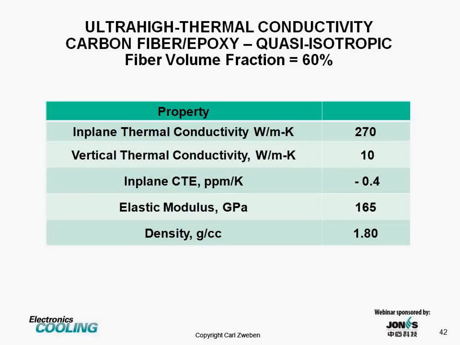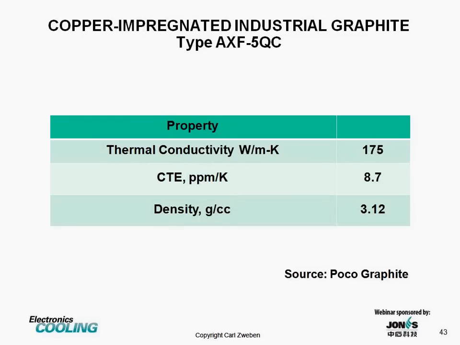And an in-plane elastic modulus of 165, which is more than twice that of aluminum. And the density is only 1.8, which again is much lower than that of aluminum, which is 2.7. So this becomes a very interesting structural material when you need thermal conductivity and high stiffness and low density. And we'll see an application of this material later on.